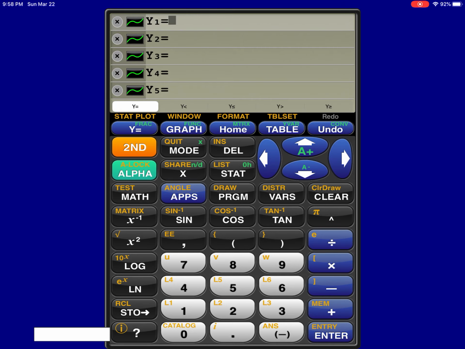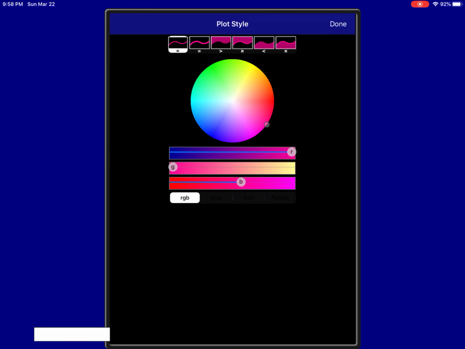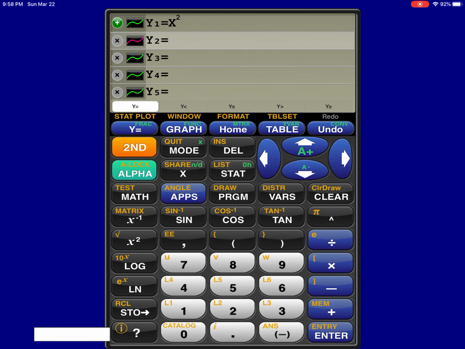Okay, so I'm going to graph my parent function, y is equal to x squared. Then I'm going to do it without the reflection first, and I'm going to change the color. Let's do this one pink, because I like pink.